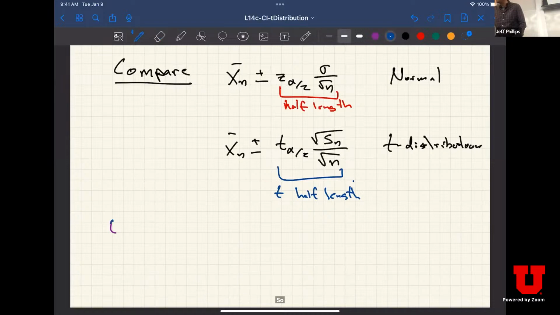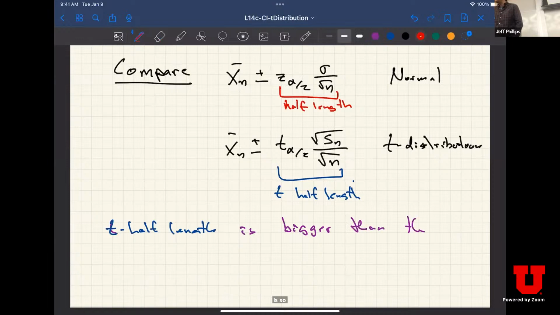Let me state this precisely. The t half length is bigger than the z half length, probably.